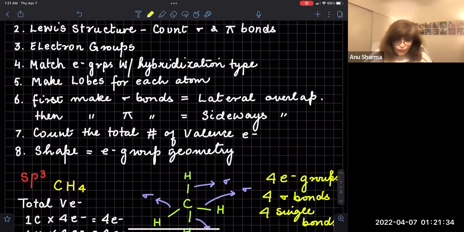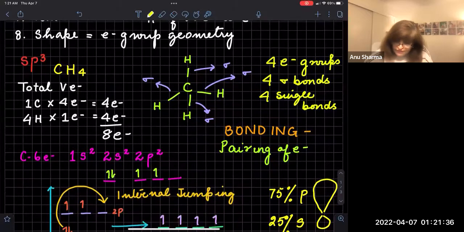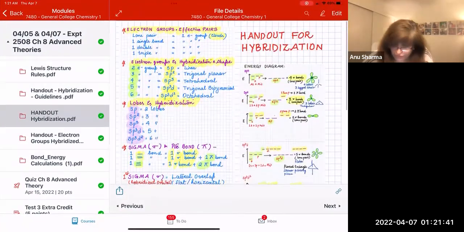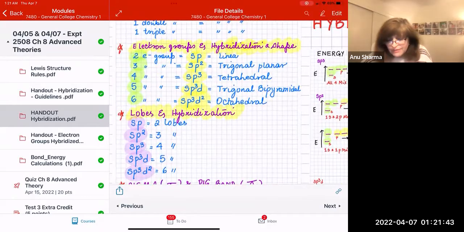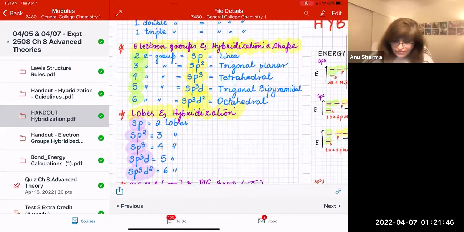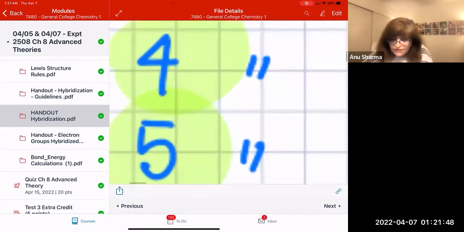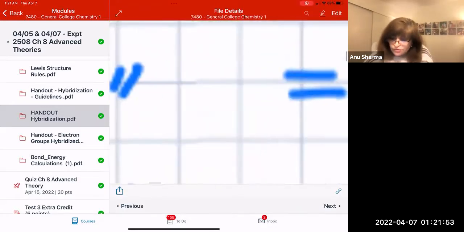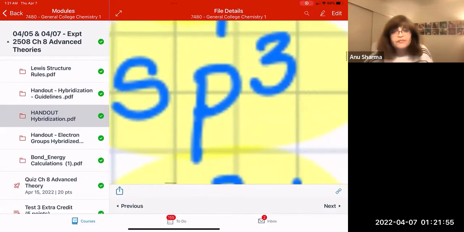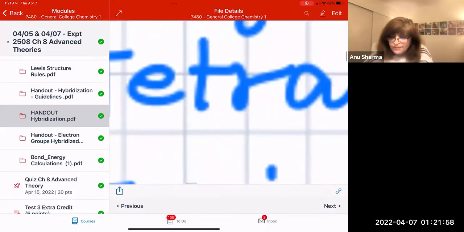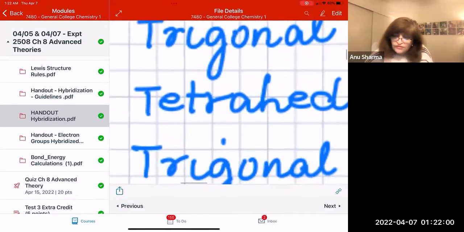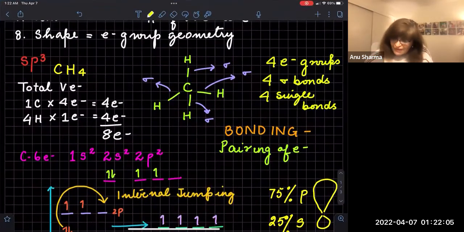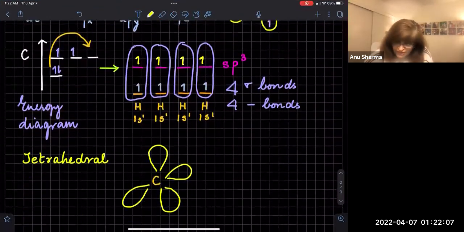And if you look at your chart here, the 4 electron groups relate to sp3 hybridization, and the shape is tetrahedral right here. 4 electron groups, not 5, but 4, relate to sp3 hybridization, and the shape is tetrahedral. Okay, so this is something you have to eventually memorize, that relationship, but that's what it is. Okay, so that's where the tetrahedral is coming from.